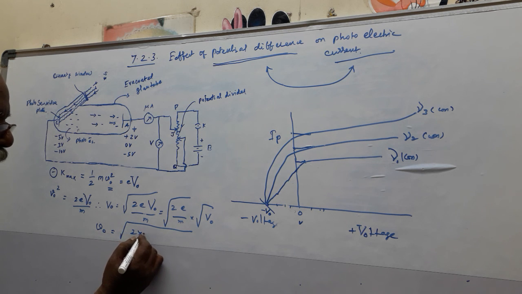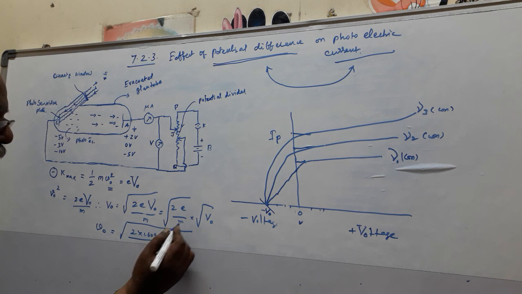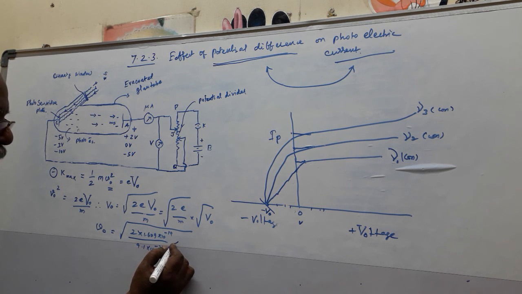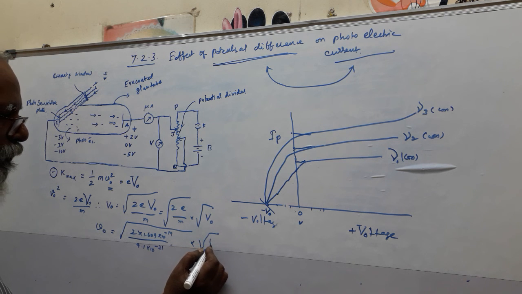2 into 1.609 into 10 power minus 19, divided by 9.1 into 10 power minus 31, into square root of V0, the voltage V0.